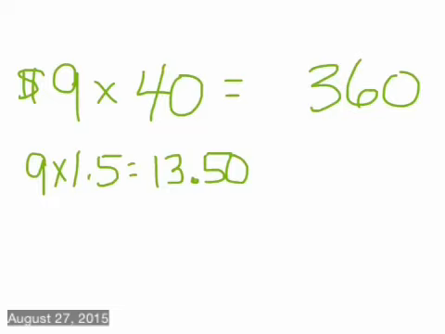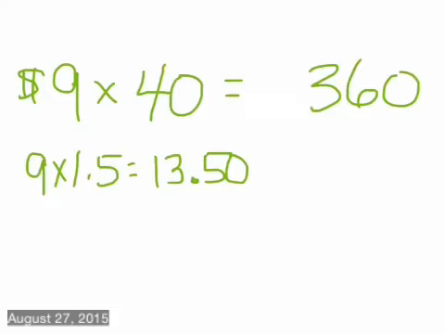If it says time and a half, then you get 1.5 times your hourly rate. If the problem says you get double time for holidays or overtime, then you multiply by 2. So it's always going to be a decimal, unless it's double time and you get an even amount.